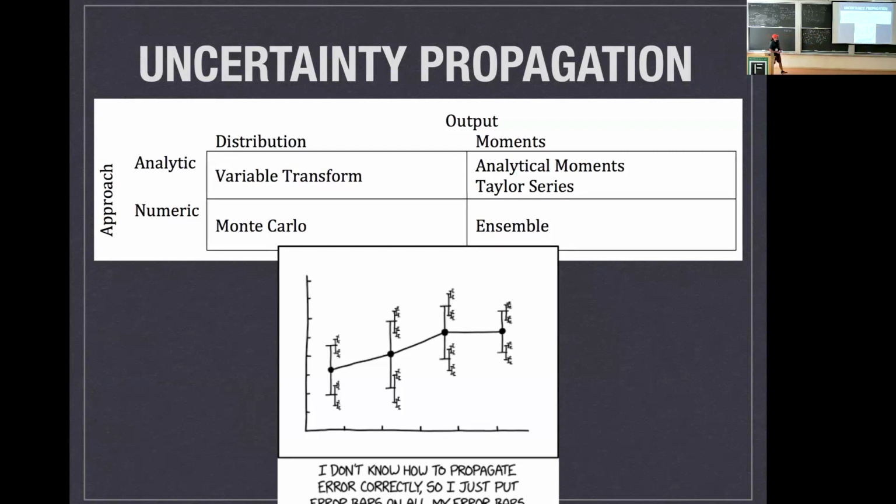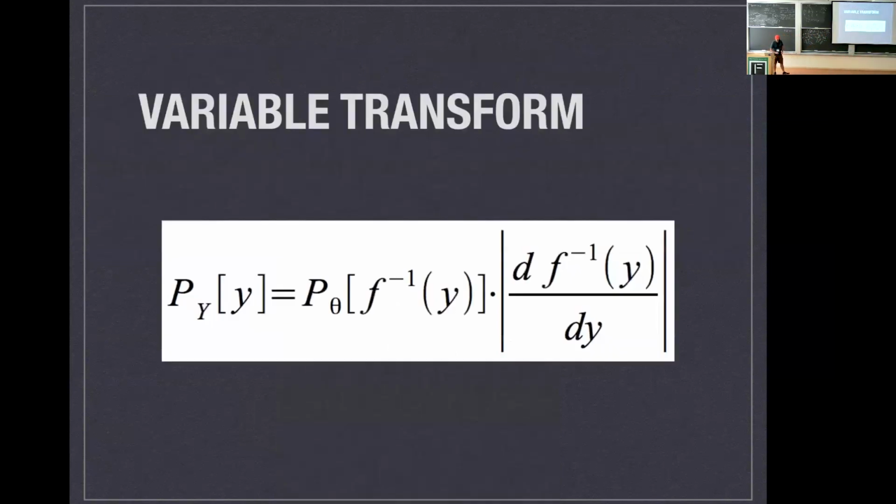I would say the gold standard that I'm going to start with is the idea of a variable transform. If you know the probability distribution of your input and you want the probability distribution of your output, you can't just take a normal distribution and drop it into the function of x.